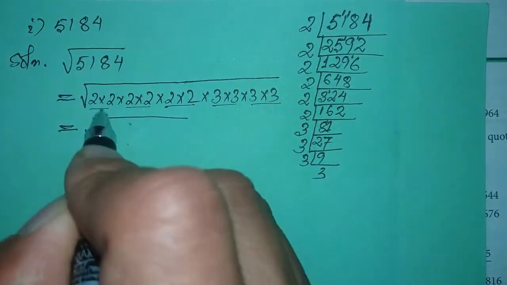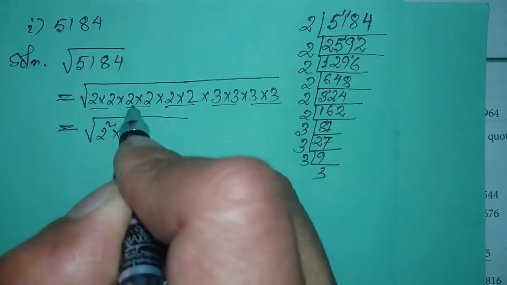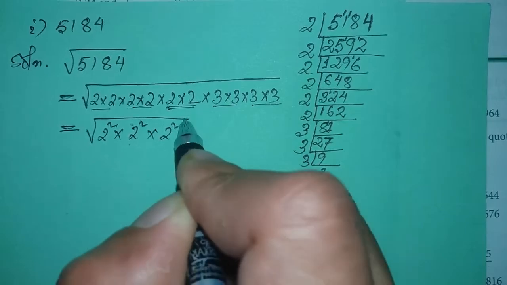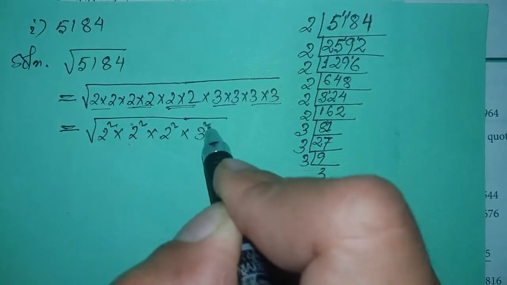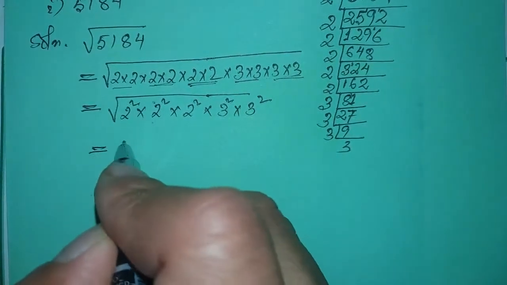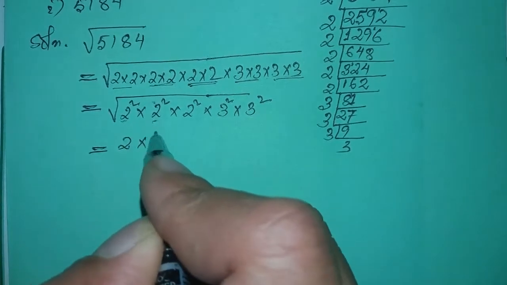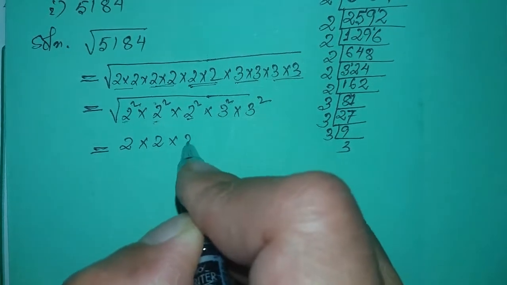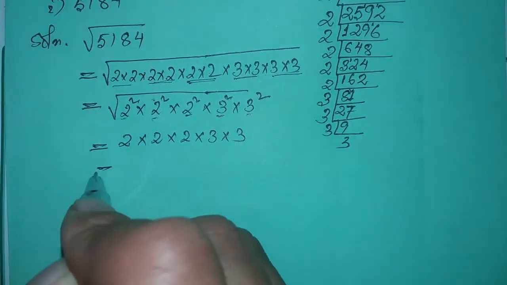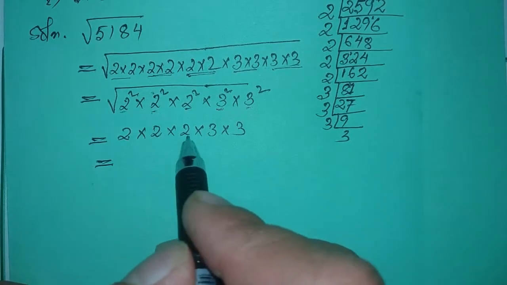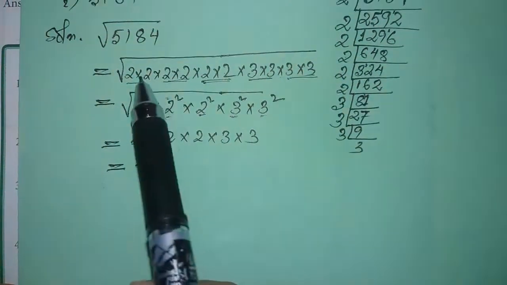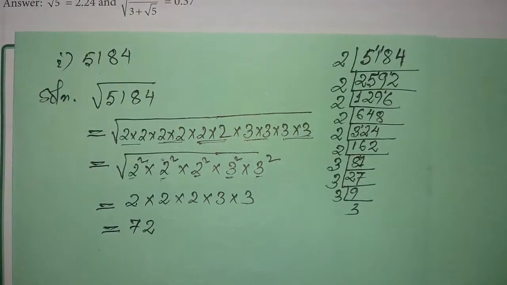So this one is 2 square, and this is 2 square, and this is again 2 square, and then we have here 3 square, and then we have here 3 square. So now this gives us 2, another 2, and another 2, and 3, and then another 3. Now 2 2s are 4, 4 2s are 8, and this is 9, so 8 9s are 72. So that means the square root of 5184 is 72.